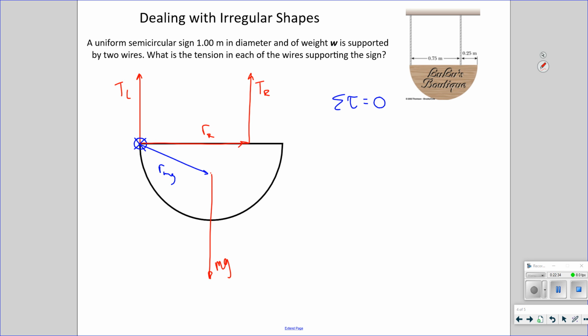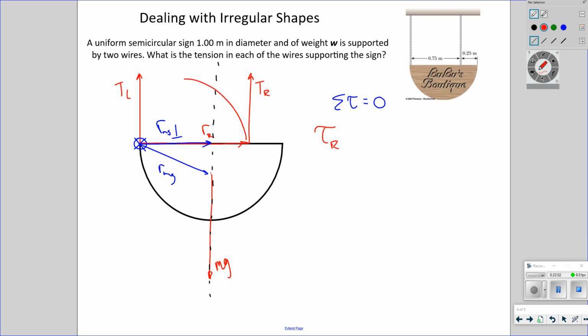But a great thing about analyzing torques is that, if you remember, we can extend the line of action of mg, and then this is R_mg perp. So there's a torque created by T_R, and a torque created by mg in opposite directions.